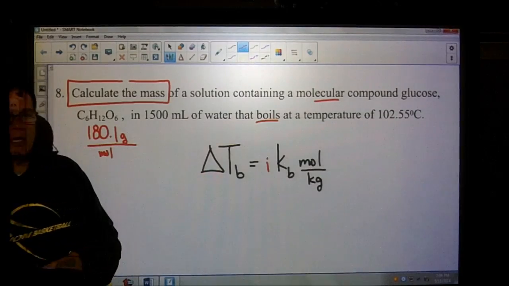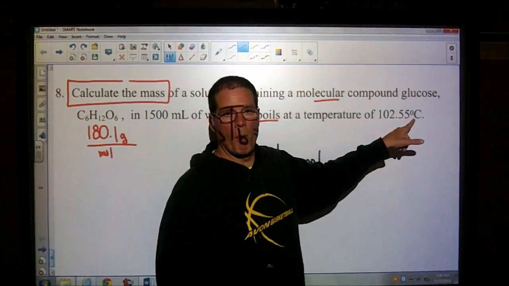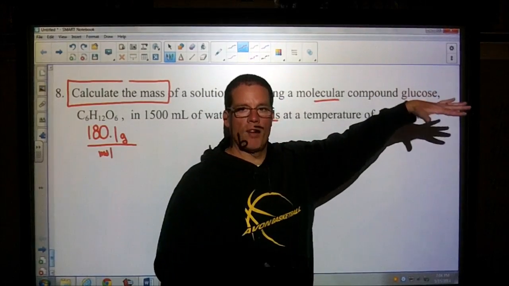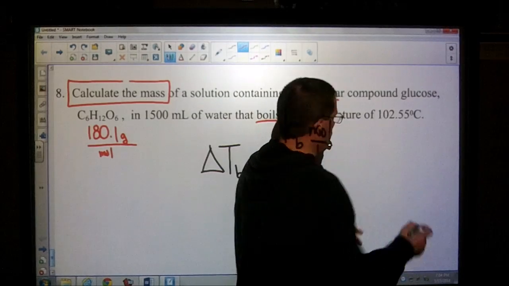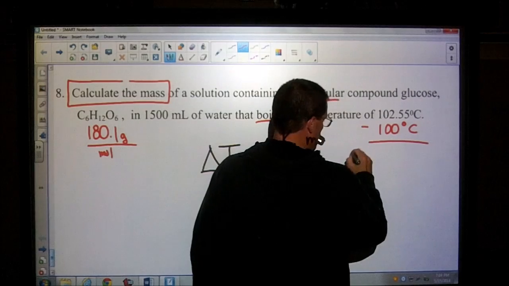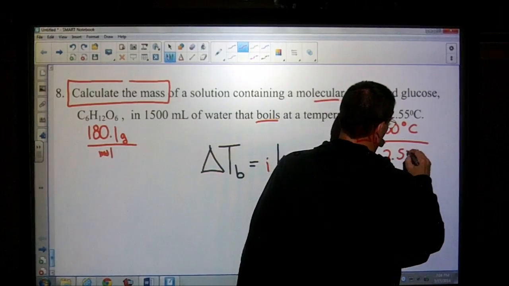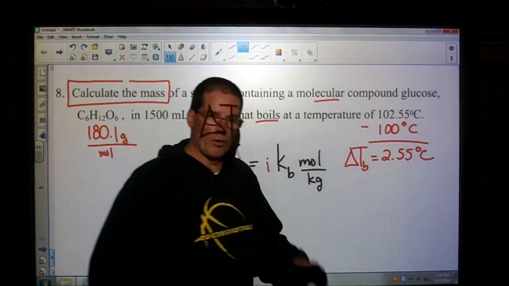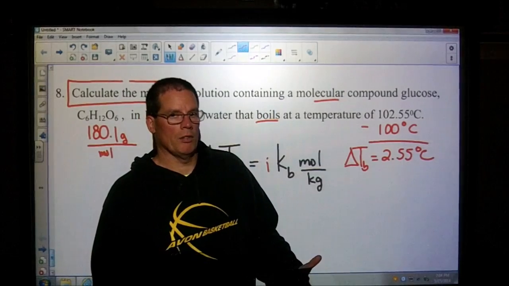The delta T sub B. Now this one, you've got to be careful, because it says the new temperature at which it boils is 102.55. So if you're having a hard time figuring out what the change is, subtract that from 100 to get the change, which is 2.55 degrees. Make sense?